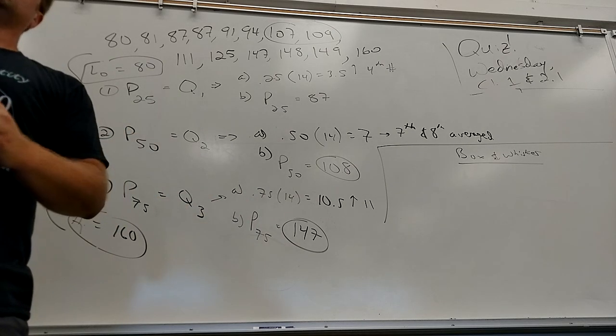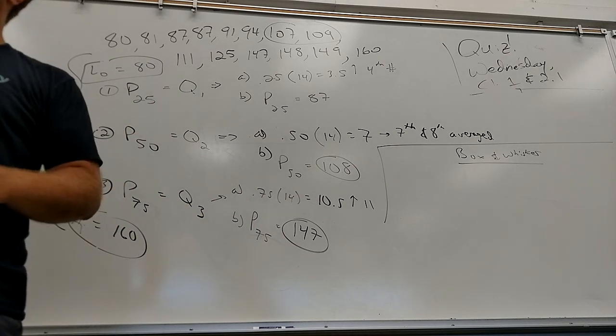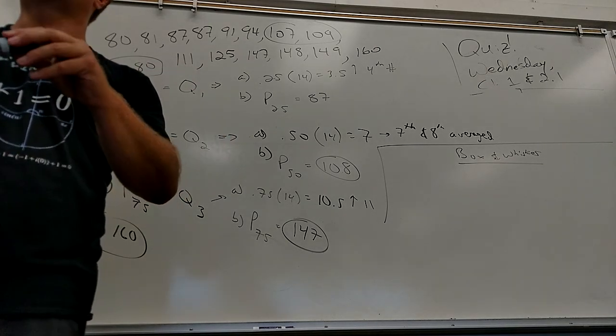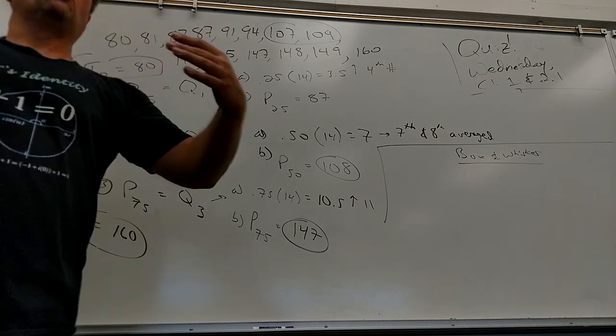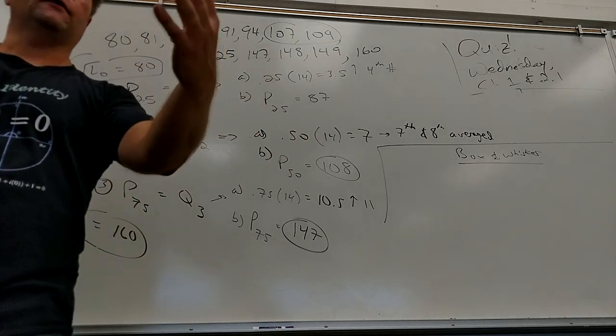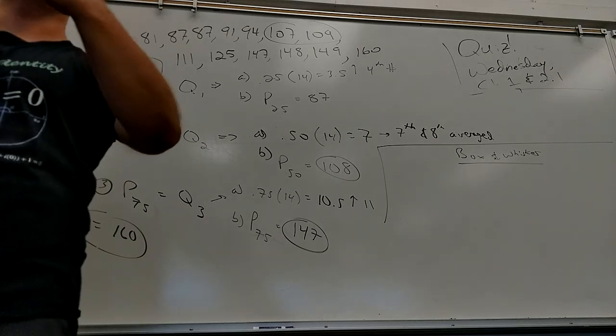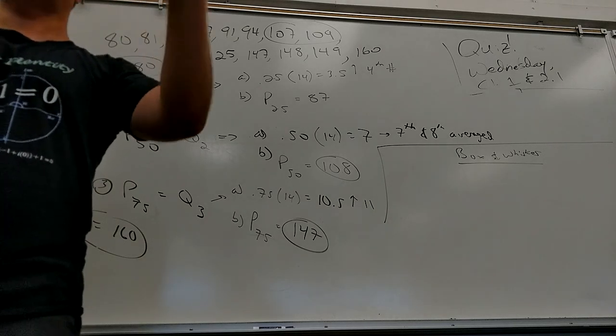No. It's just new. The terminology is new. If I say find P17, you've got to remember what that means. But the actual work behind doing it is not very difficult. Of course, this is brand new to you, so you've got to let it sink in a little bit.